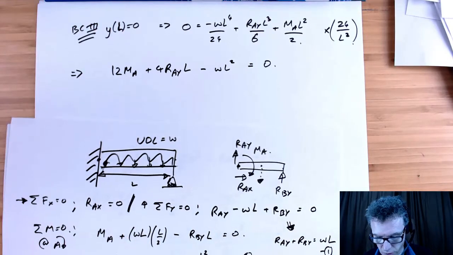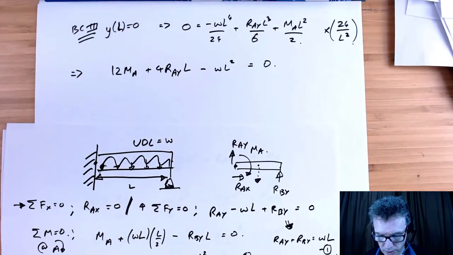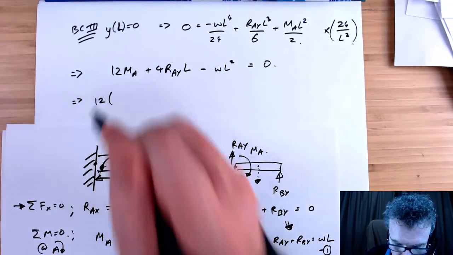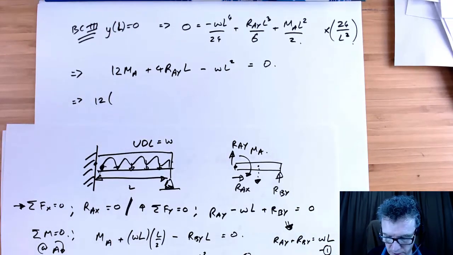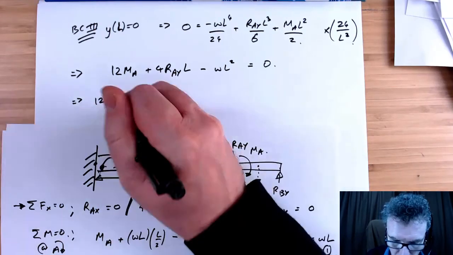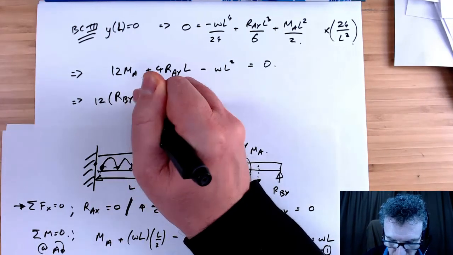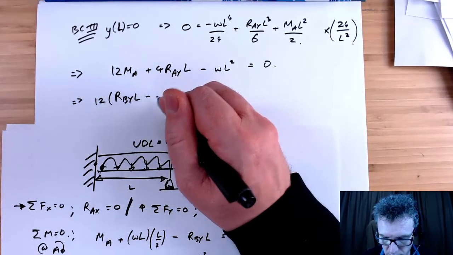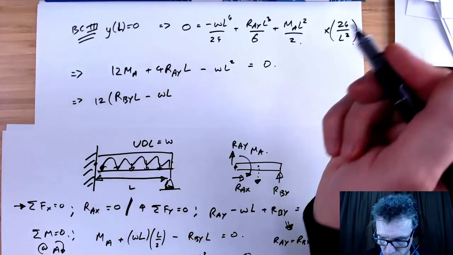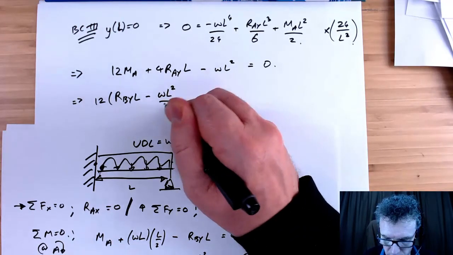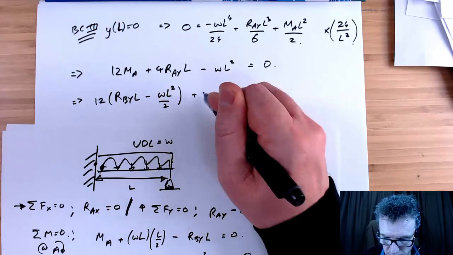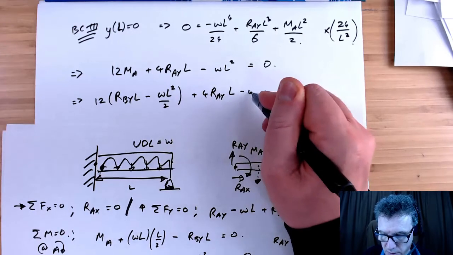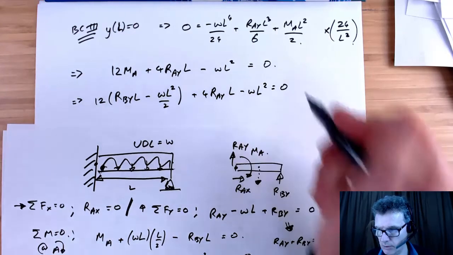Go back to equation 2 here. So that becomes therefore 12. This over to that right hand side gives me RBY times L, take away little w L squared over 2 plus 4 RAY times L, take away little w L squared equals 0.